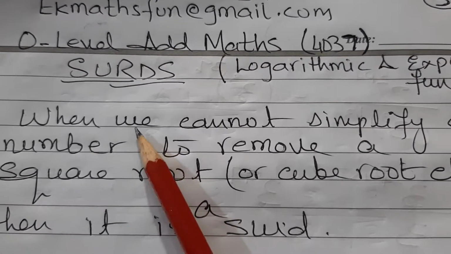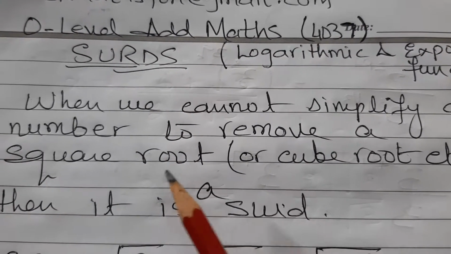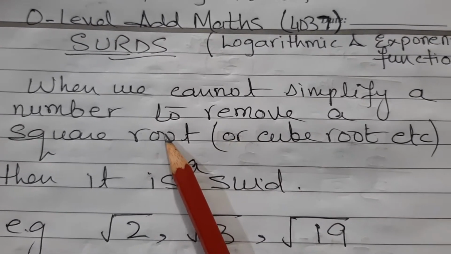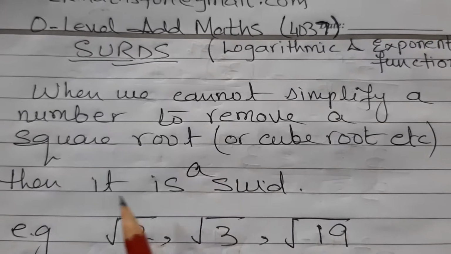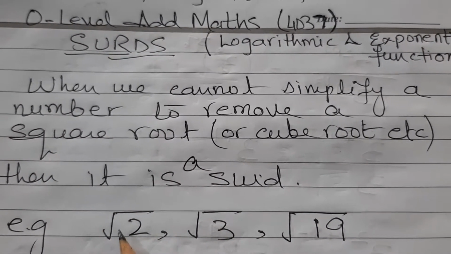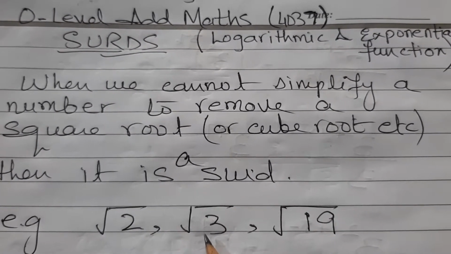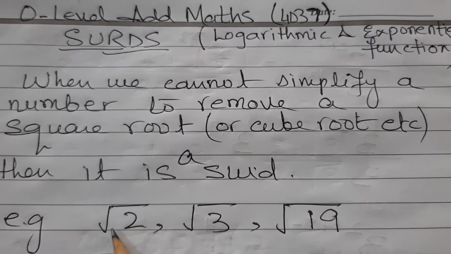So what is a surd? Let's see the definition and then we will see how it is used. When we cannot simplify a number to remove a square root or cube root, etc., then it is a surd. For example, square root of 2, square root of 3. So basically, if in the root you do not have a perfect square.